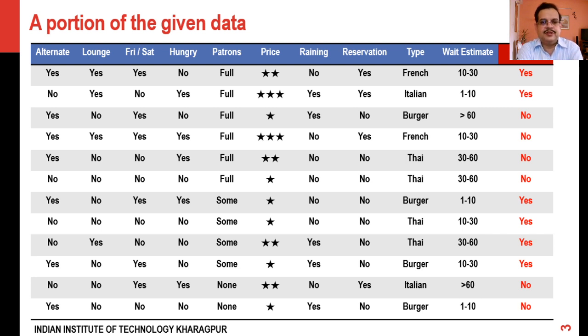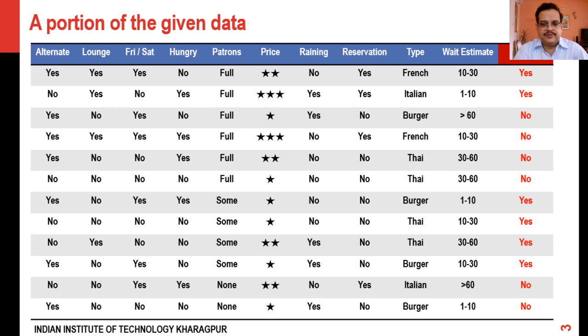So for example, if we look at the first row, what it says is that yes, there is an alternate restaurant available, the present restaurant has a lounge, it is a Friday or Saturday, you are not hungry, the restaurant is full as of now, it's an average priced restaurant, it's not raining outside, you have a reservation, the restaurant type is French, so it's a French cuisine, and the restaurant says that your waiting time is anywhere between 10 to 30 minutes.